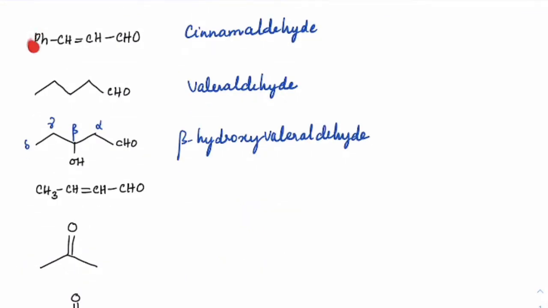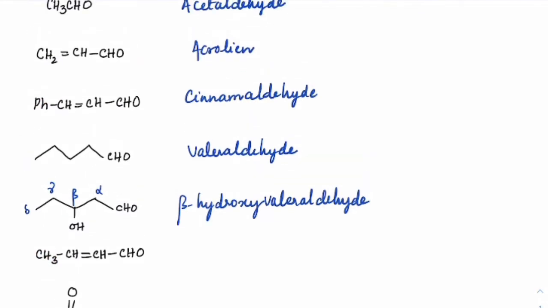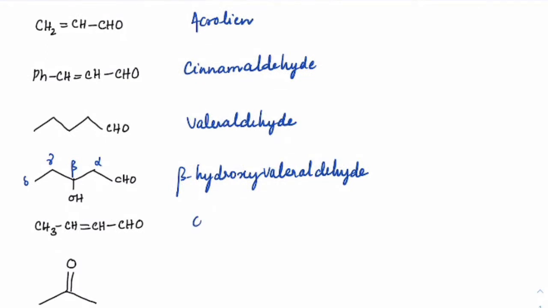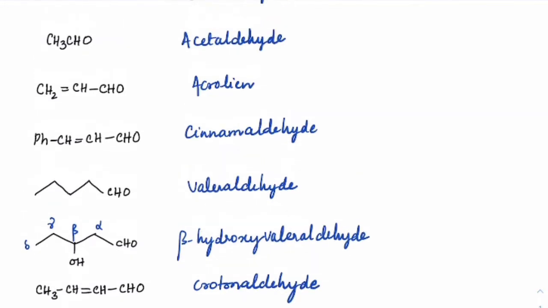Similarly, instead of phenyl, if you have only H, it is acrolein. If it is Ph, it is cinnamaldehyde. If it is CH3, that is crotonaldehyde.